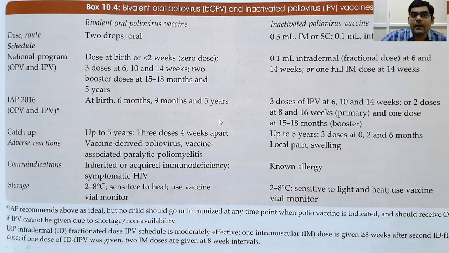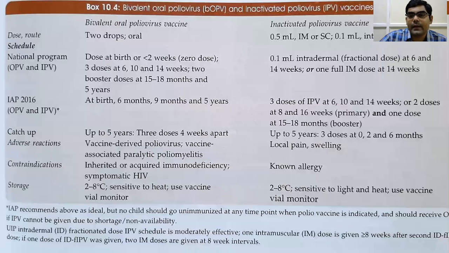What IAP is telling, meaning Indian Academy of Pediatrics, is that only 2 doses of intradermal is not effective. It's not 100% effective in preventing poliomyelitis.